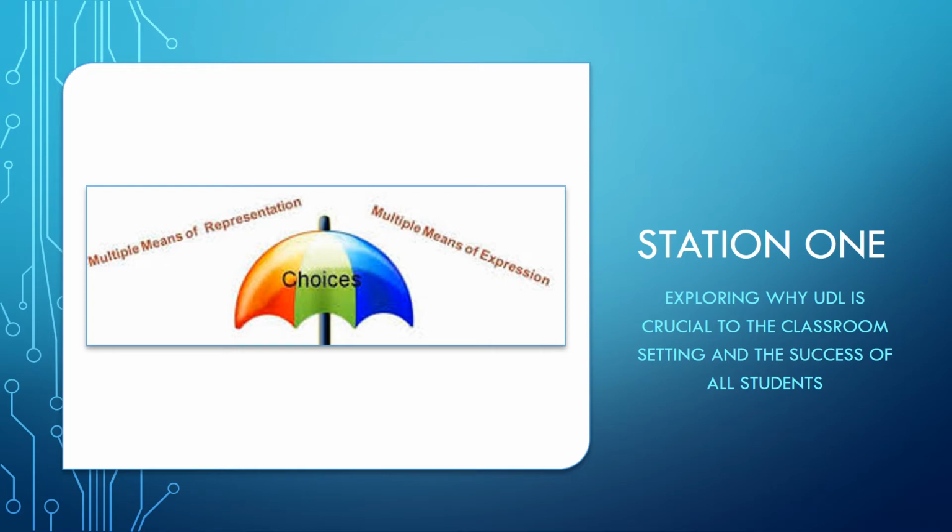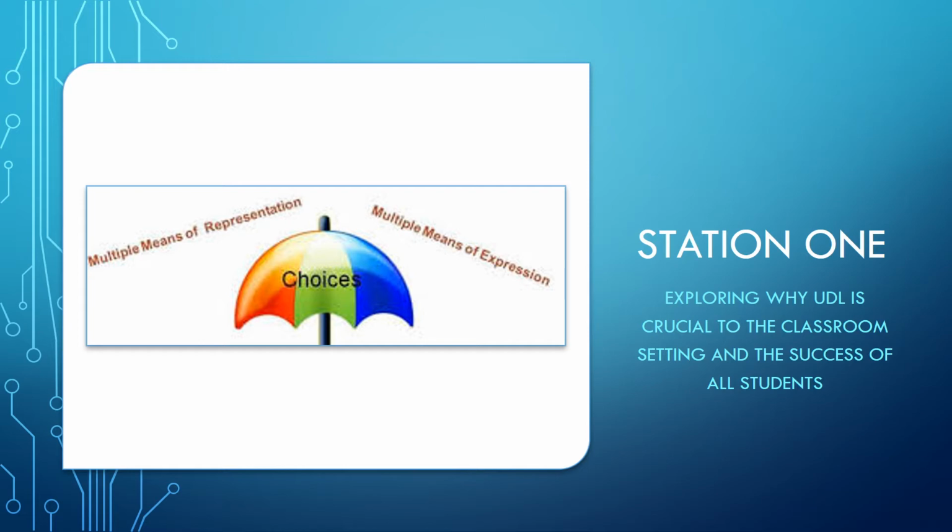It also reduces barriers in instruction, provides appropriate accommodations, supports, and challenges, and maintains high achievement expectations for all students, including students with disabilities and students who have limited English proficiency. What does that all mean?